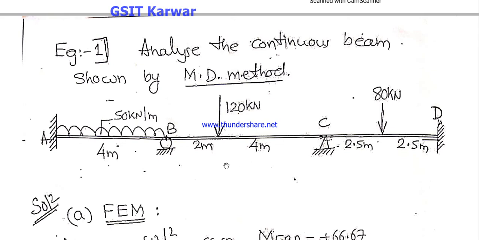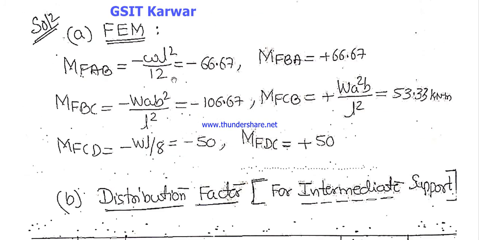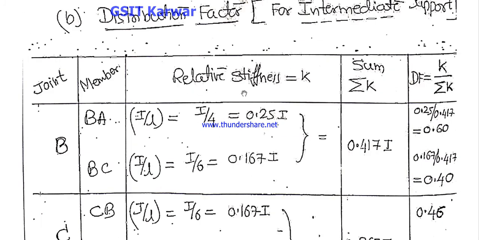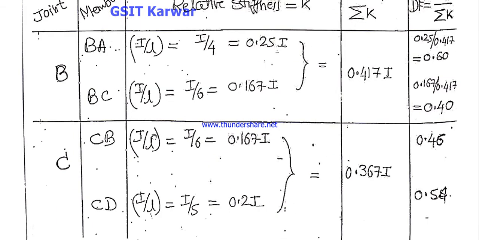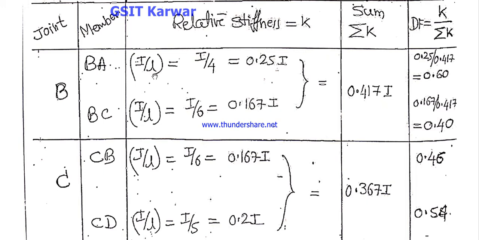So the relative stiffness factor you are going to use is I by L only. If it is not fixed or not continuous, then you use 3/4 of I by L. That is the difference. It is very simple. You should remember it.